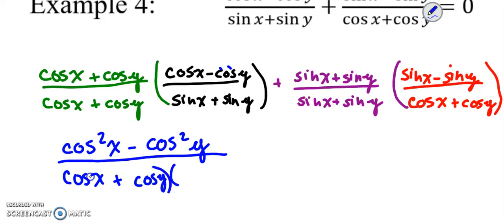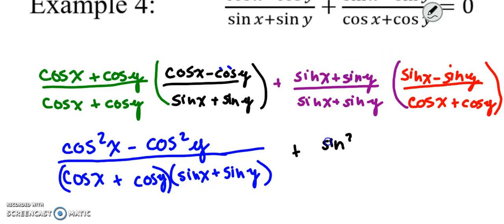I am not writing this small enough. There, I did. Okay, so that takes care of that fraction. And then here in this fraction, again, if you FOIL it or box method it, you will get this answer of sine squared x minus sine squared y, sorry.